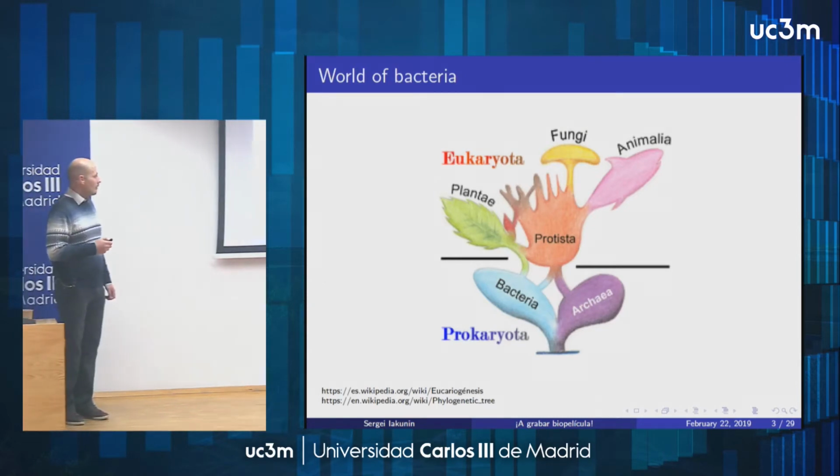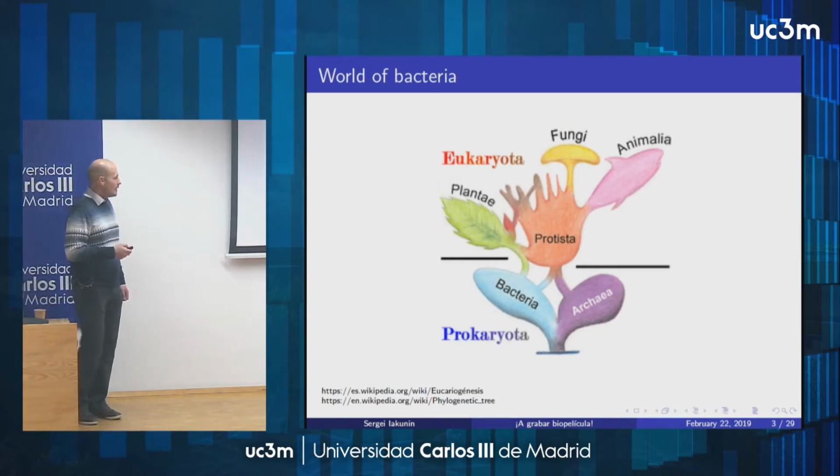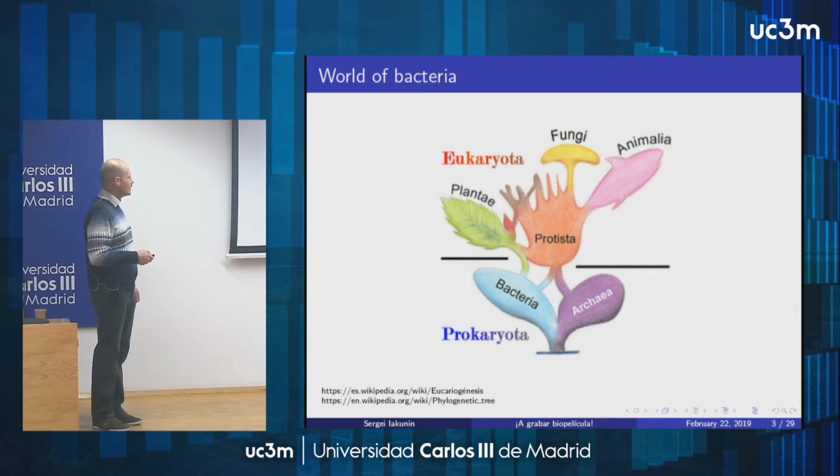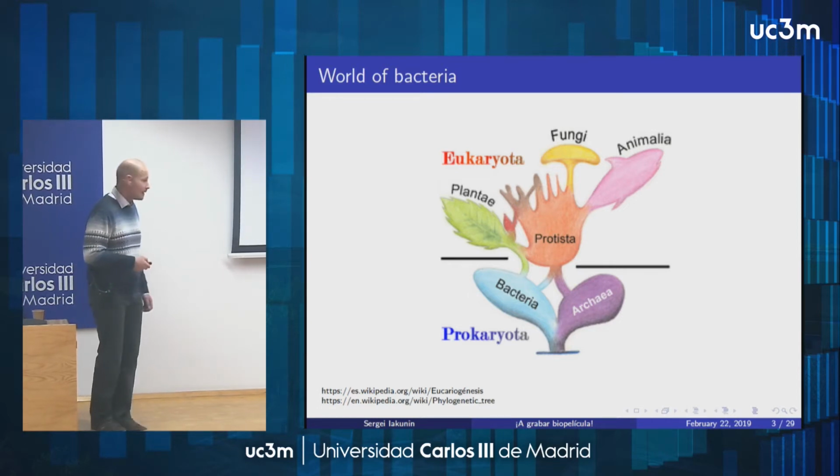So, when we talk about bacteria, usually we can imagine this genetic tree of all species on Earth. And bacteria are prokaryotic species. It means that they are cells without a nucleus, in contrast with eukaryotic species, which are plants, animals, and us.